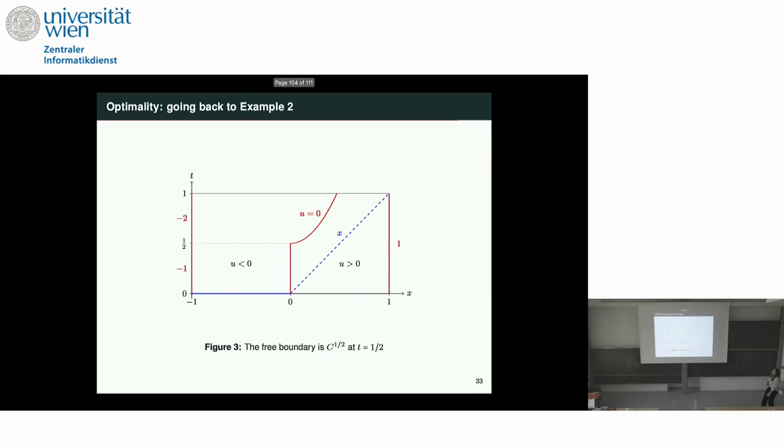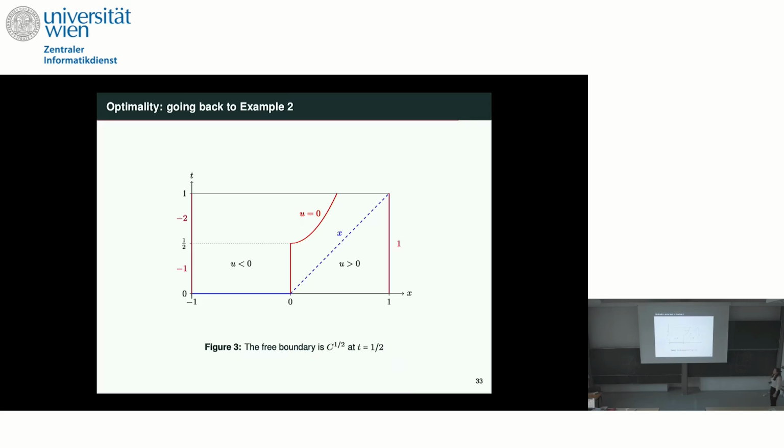And lastly, what about the optimality? Well, coming back to this example that I told you at the beginning, we proved that the free boundary has to be C^{1/2}. Can it be better? The answer is no when you have a jump discontinuity. If you have a jump here, then this will behave like a square root.